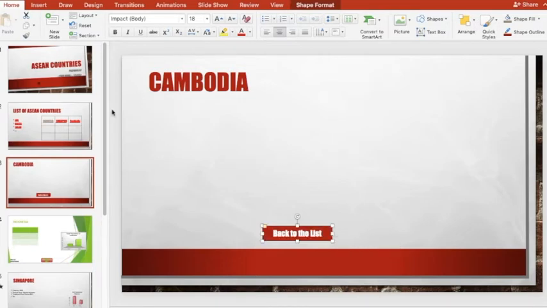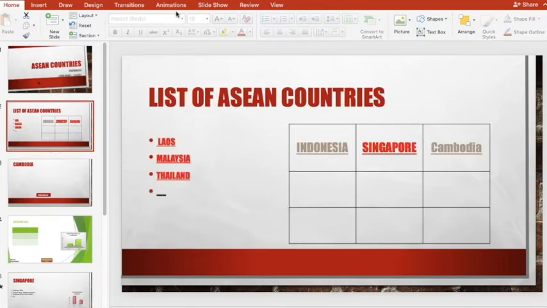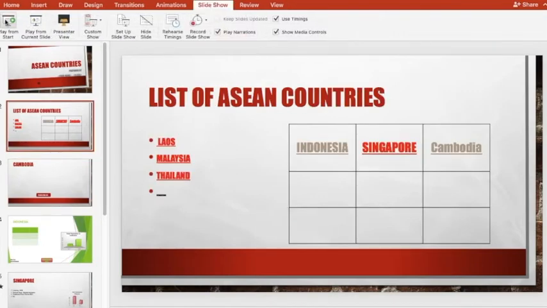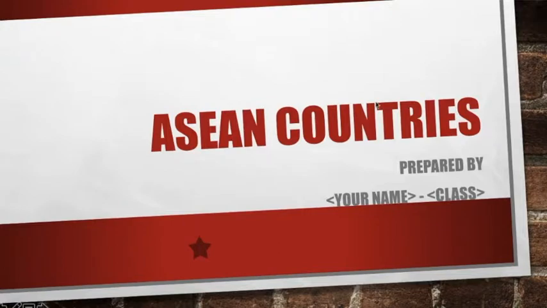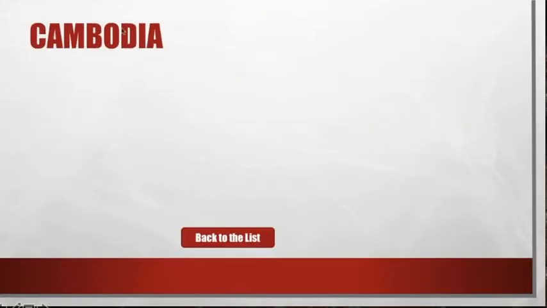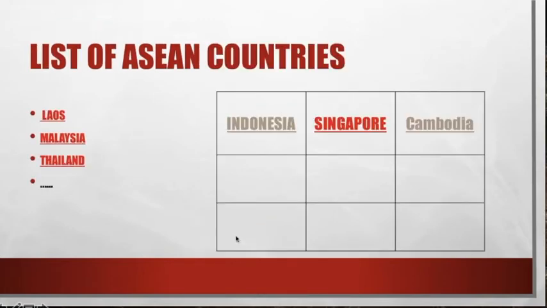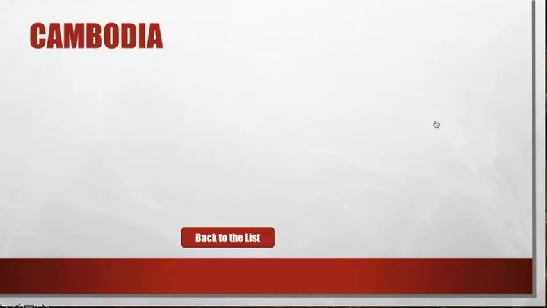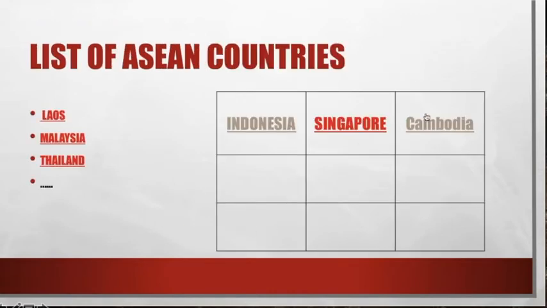Okay, let's try again. I will do slideshow, play from start. When I click Cambodia, this is the Cambodia slide. You can put any information there, and when I click this back to the list, you go back here. All right, back to the list. This is the main list.